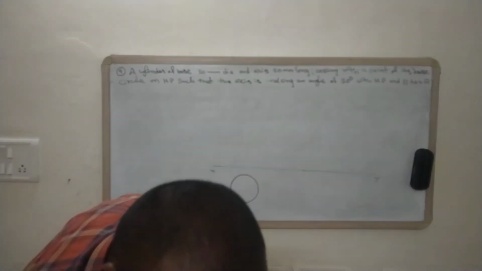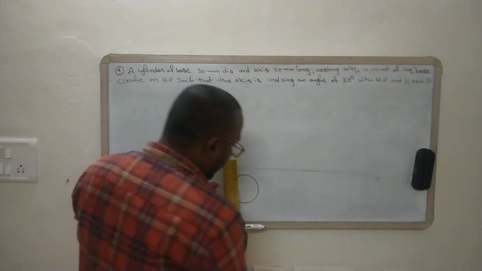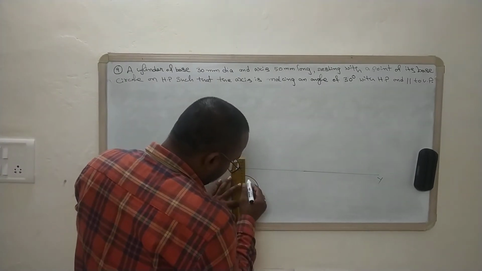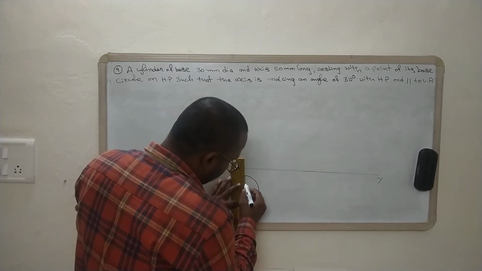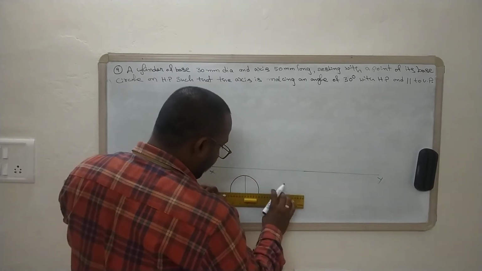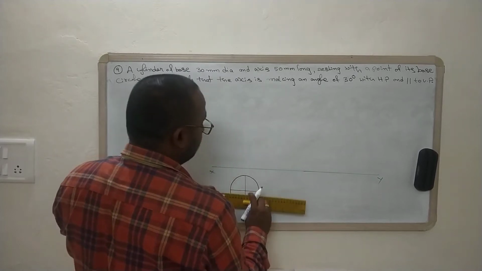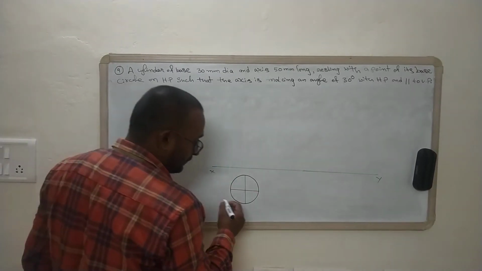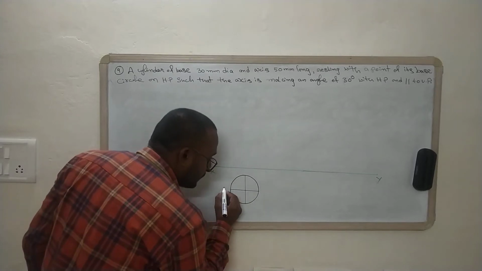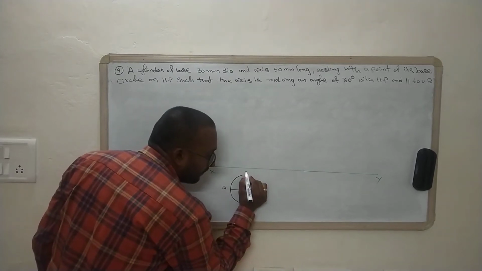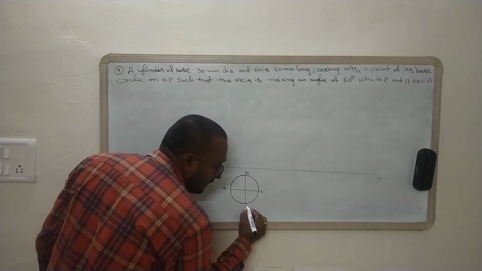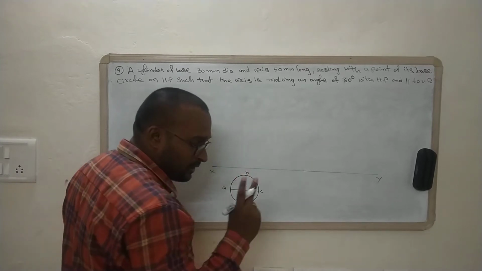So the top view of the given problem, and then we need to divide that into a number of equal parts. Say I am going to divide it into 4 equal parts: A, B, C, D. Here we have two surfaces.